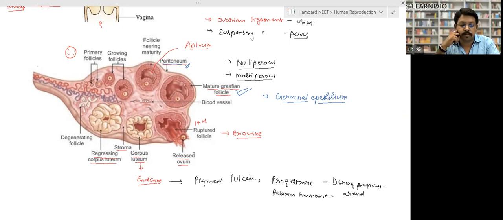Now, the follicle part is called corpus luteum. Full stop.